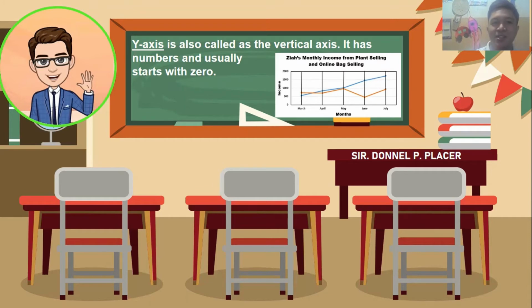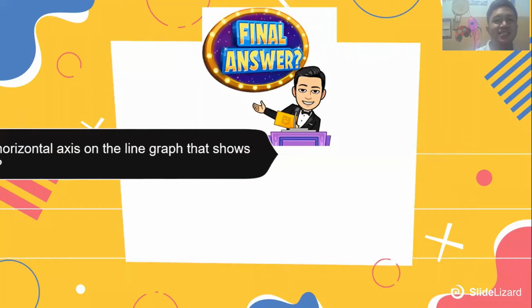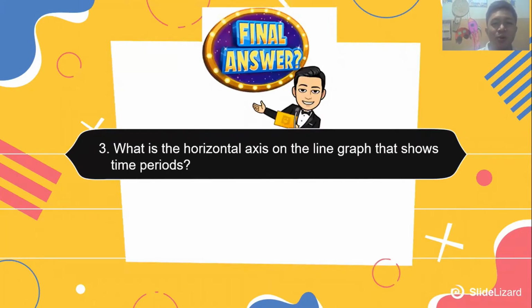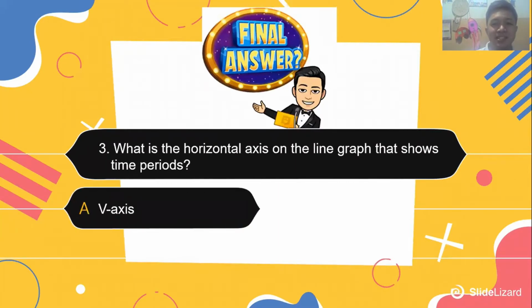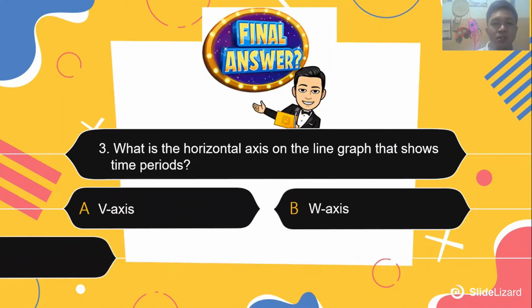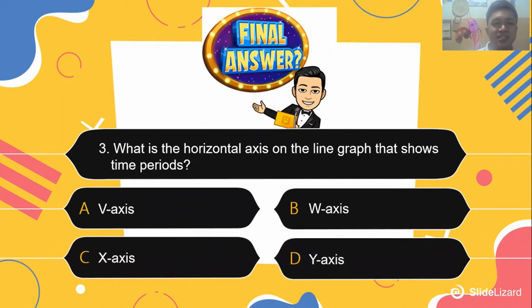All right, for the third question. What is the horizontal axis in the line graph that shows time periods? A, V axis; B, W axis; C, X axis; or letter D, Y axis.